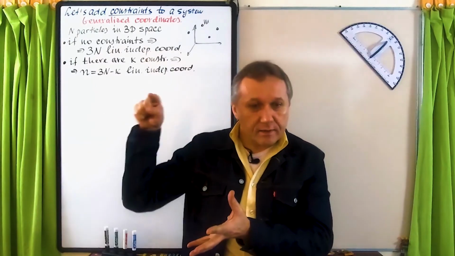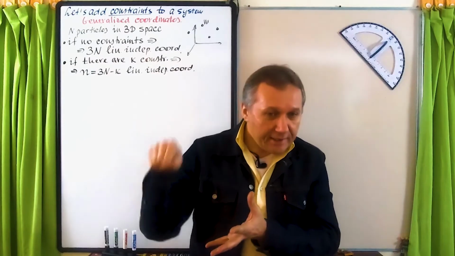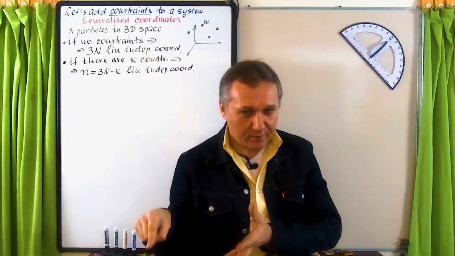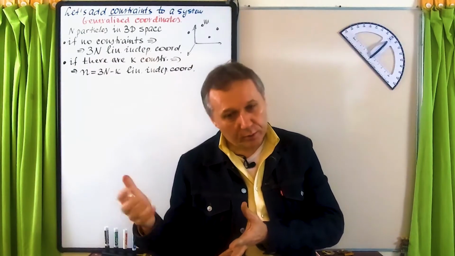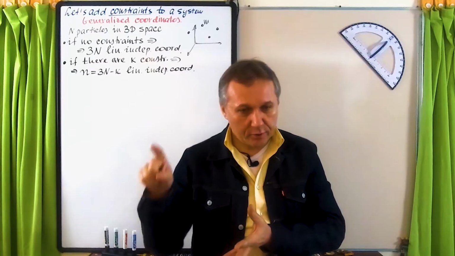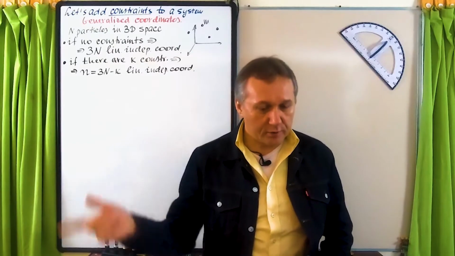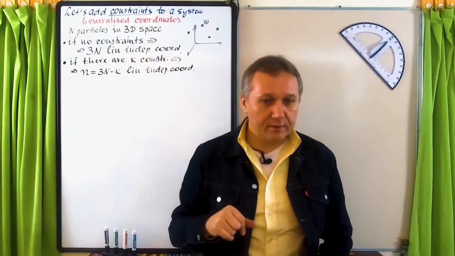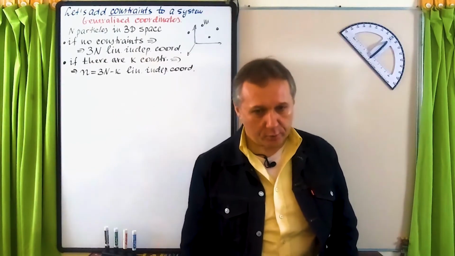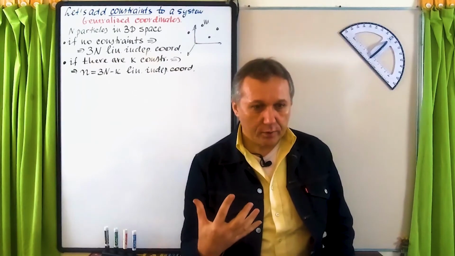And this new set of linearly independent coordinates is called generalized coordinates. This new set is called a set of generalized coordinates, and of course, the coordinates themselves are called generalized coordinates. That's the major point.